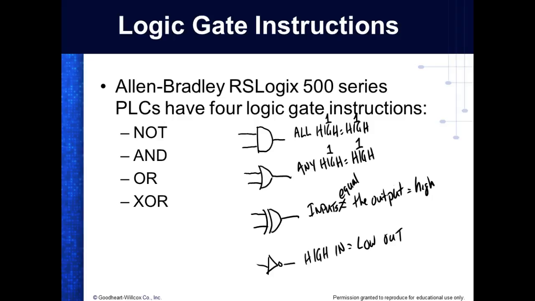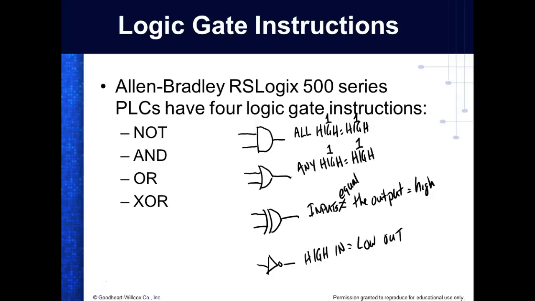If you get a ground coming in or a 0 coming in, you're going to get a 0. Your PLC interprets a voltage and the absence of a voltage as being 1s and 0s.